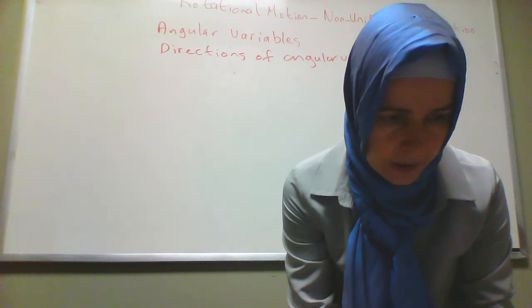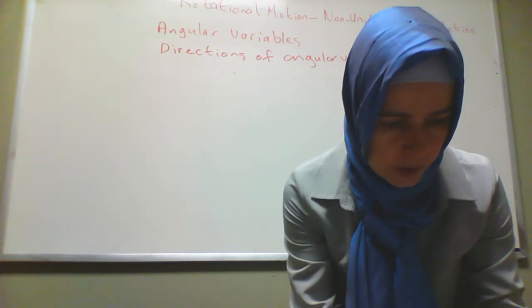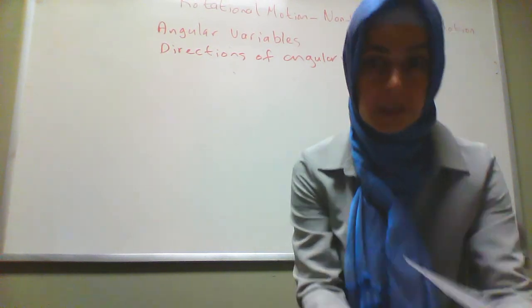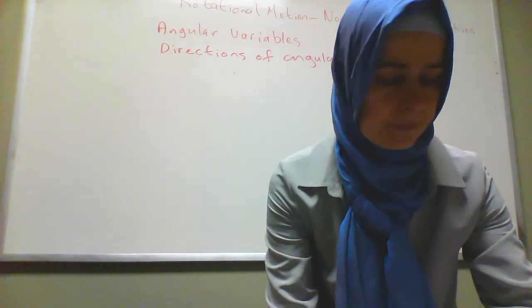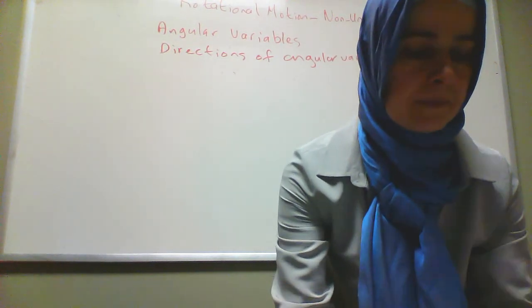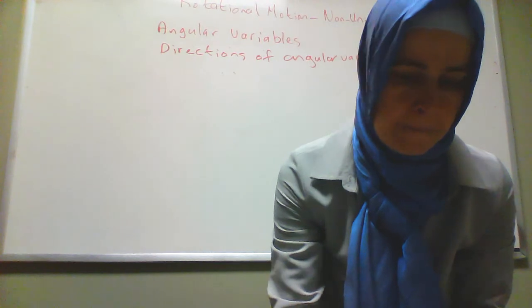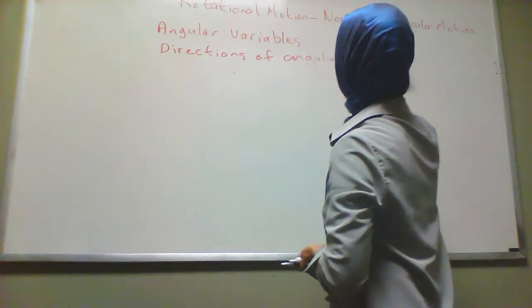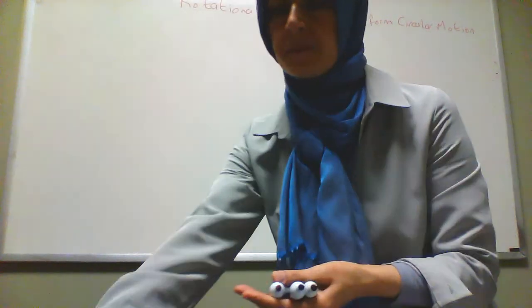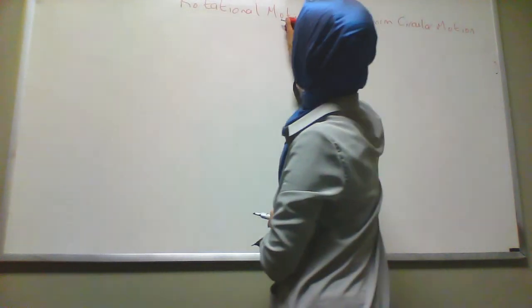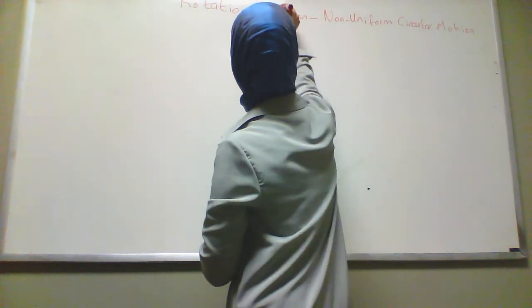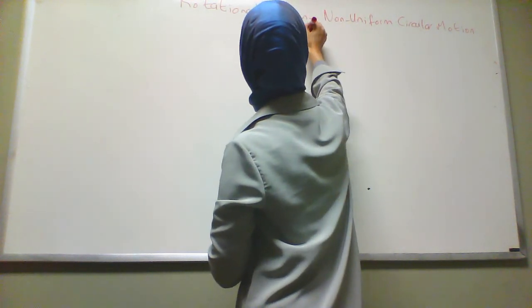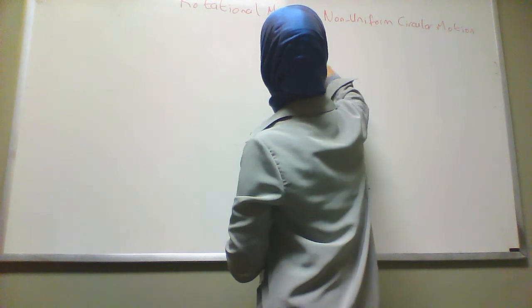But let me now give you the equations for all these rotational motions. So the title I'm going to put here, actually what I prefer to call this is rotational kinematics. I put rotational motion because it's the title in your book.